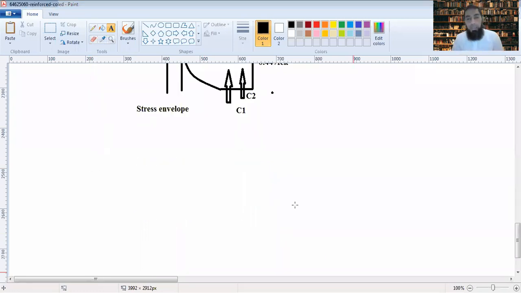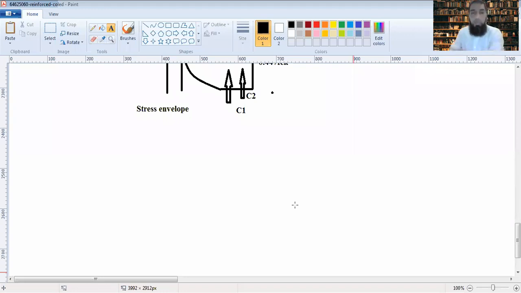Now this would happen when you have a balanced condition, where we assume that the section is balanced such that XU by D is equal to XU max by D. Now this would happen in that case.